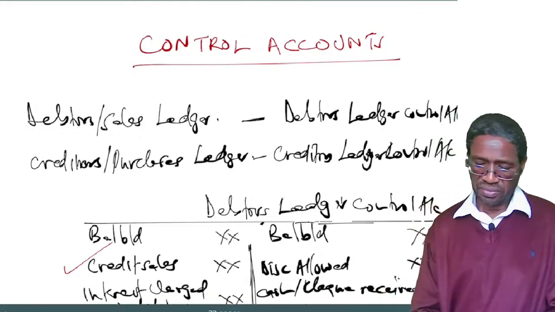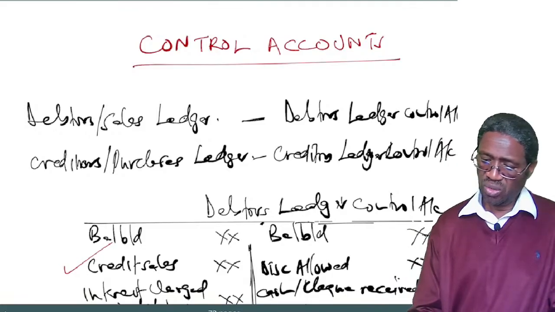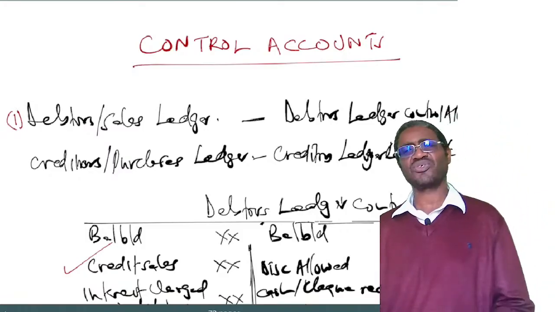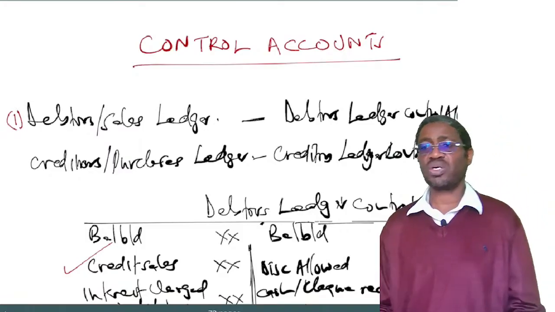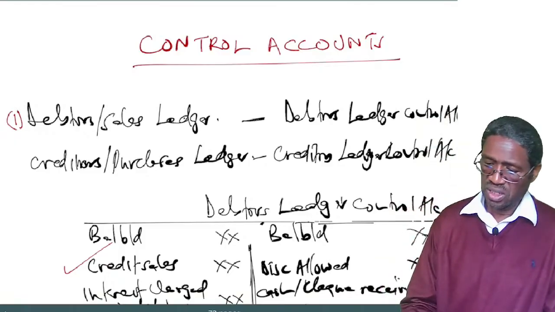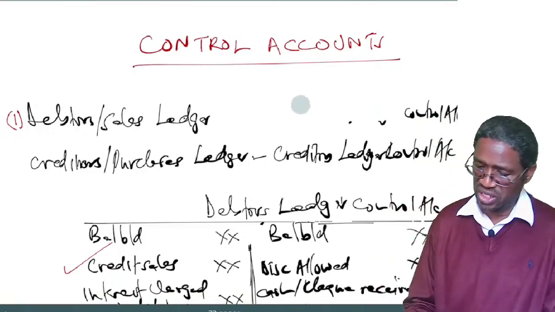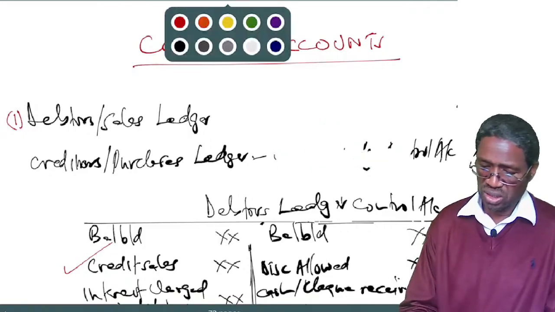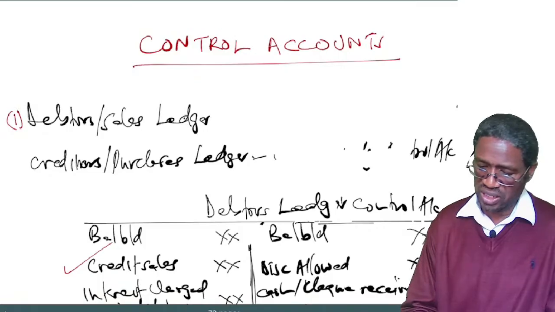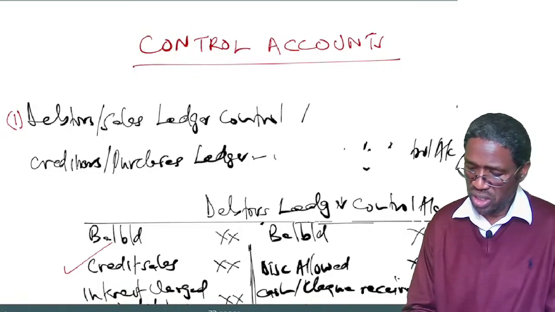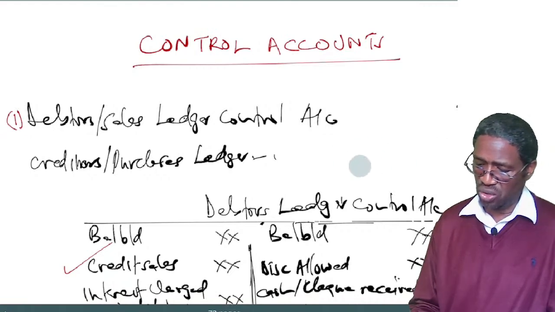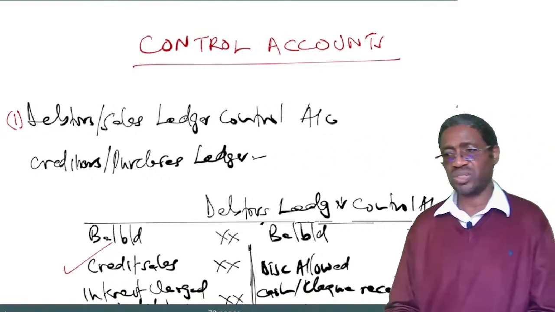Number one, debtors stroke sales ledger control account.